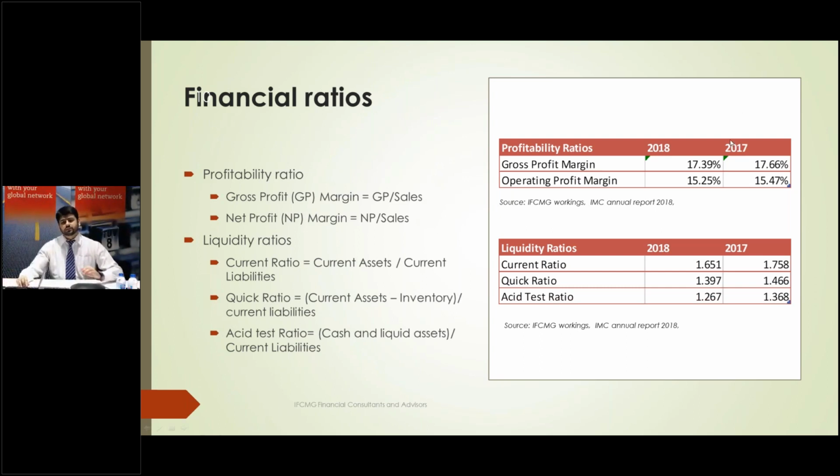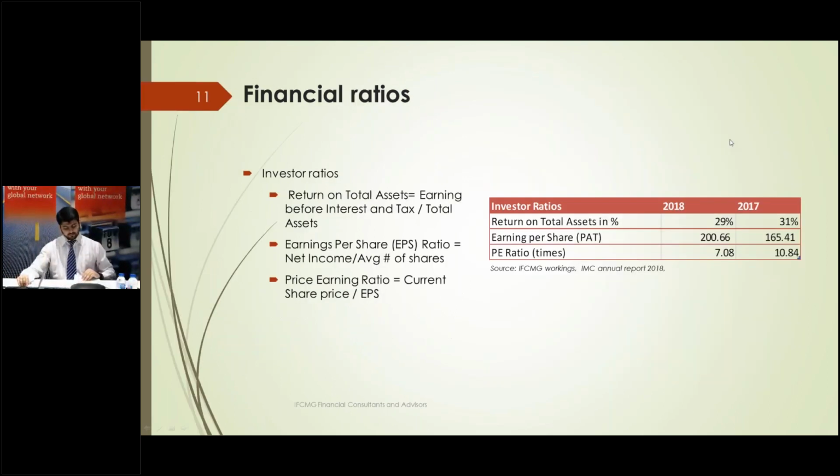observed here as well. So moving on, we have the investor ratios. We have earning per share and PE ratio, and return on total assets. Return on total assets is pretty significant, 29% and 31% for current year and prior year respectively.